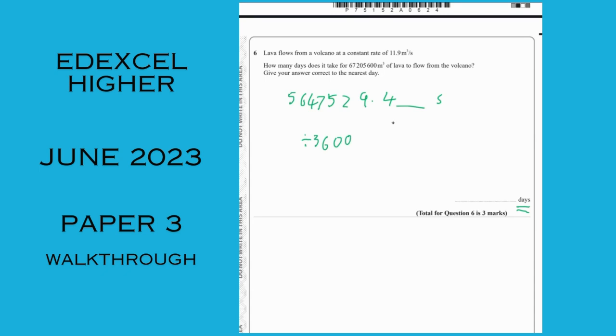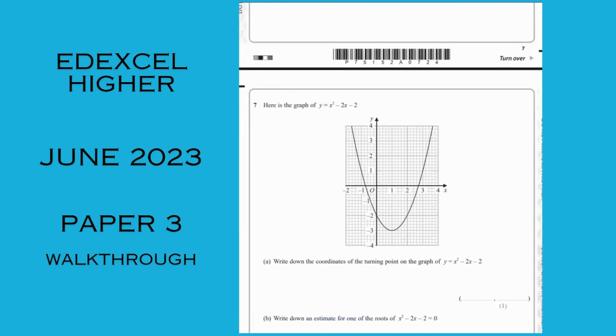In other words, divide by 3,600, and to go from hours to days, divide by 24. My horrible answer is 65.36, but it wants nearest day, so you don't have to keep going. Nearest day is 65 days.